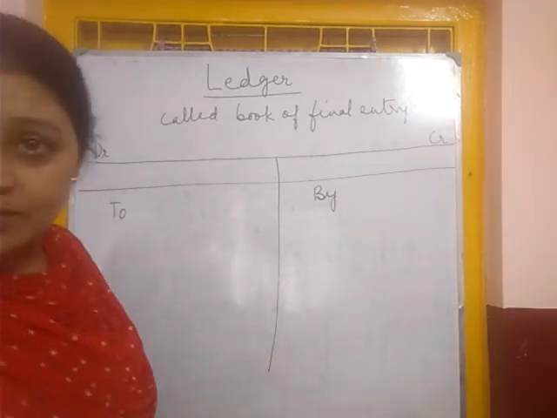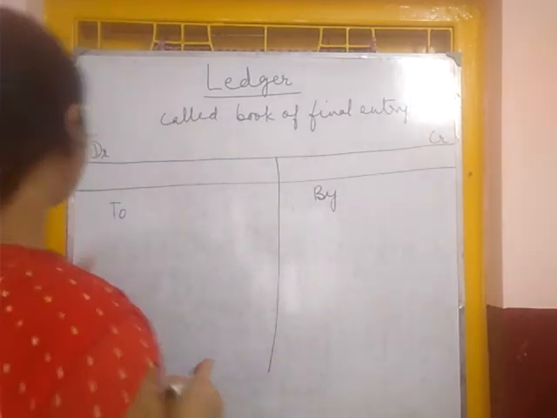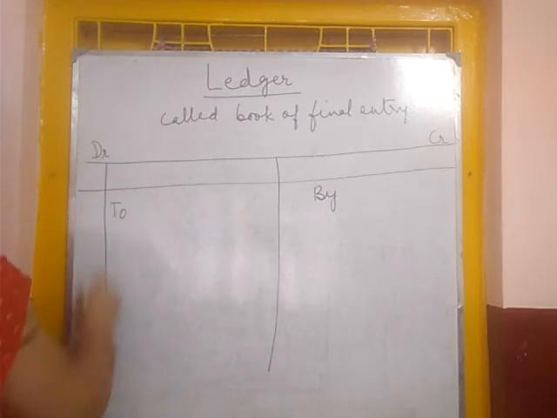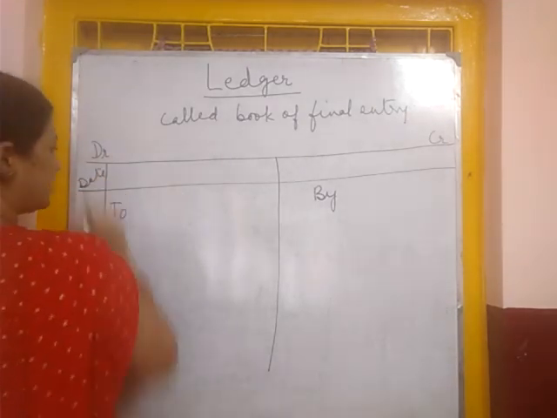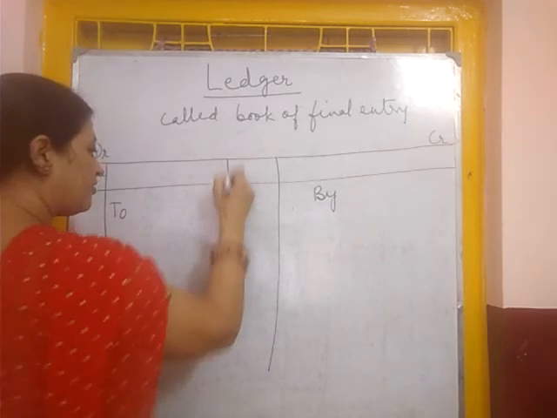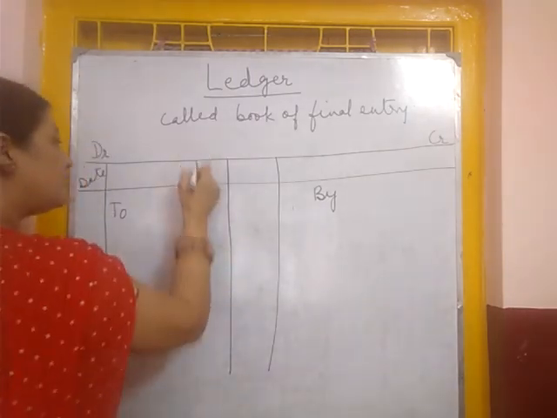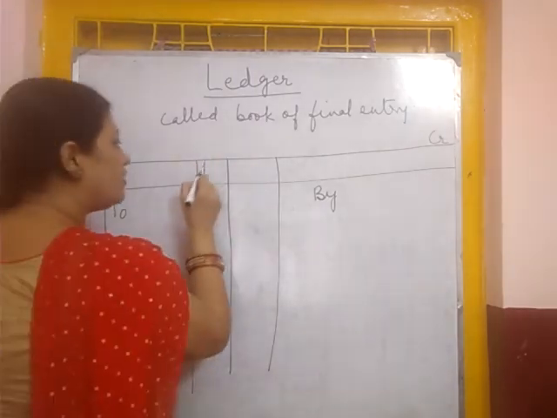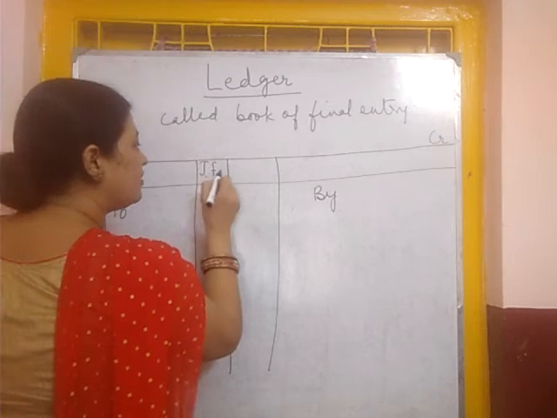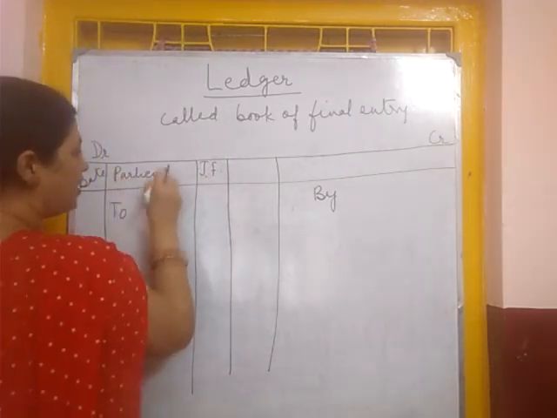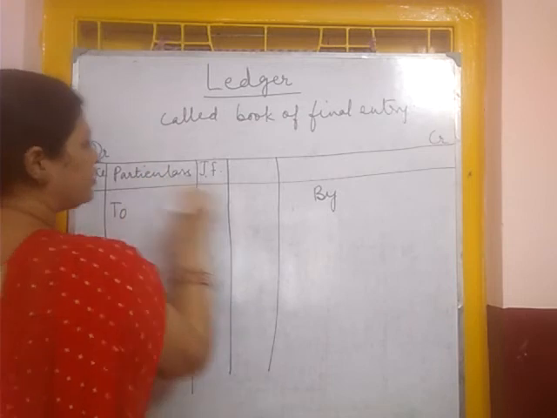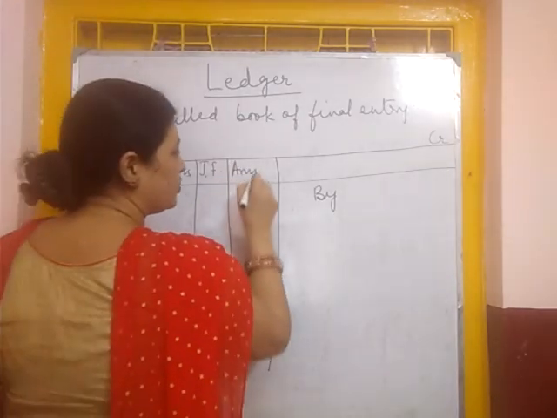Okay. But the question comes, how many columns are there here? Let us see. See, this is the date column. One column is the date column. Then we have the particulars column. Then we have journal folio. This is journal folio. This is particulars. And here you can see this is amount.